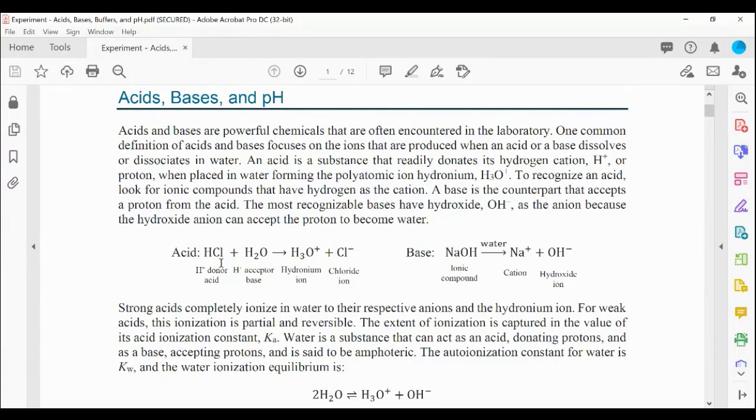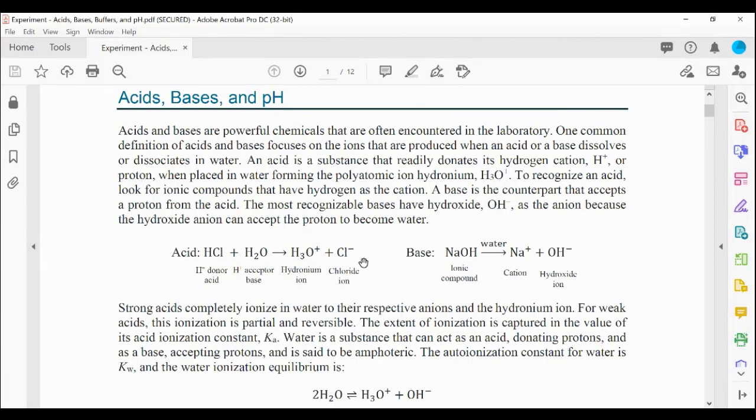We need to look for ionic compounds that have hydrogen as the cation. If you look at HCl, hydrochloric acid, it says here H plus donor. Then it has an H plus, which means it is an acid. So we recognize an acid very easily because it has a hydrogen H plus as the cation.